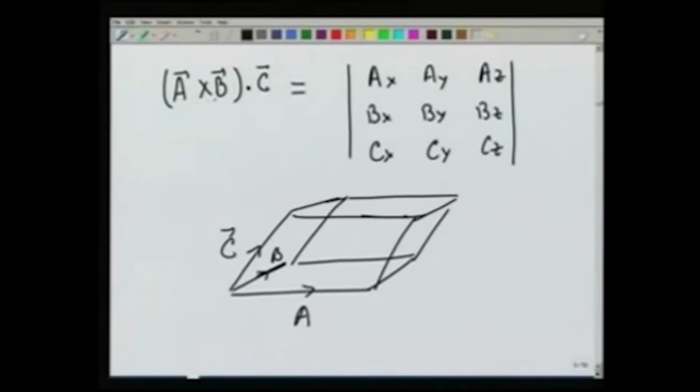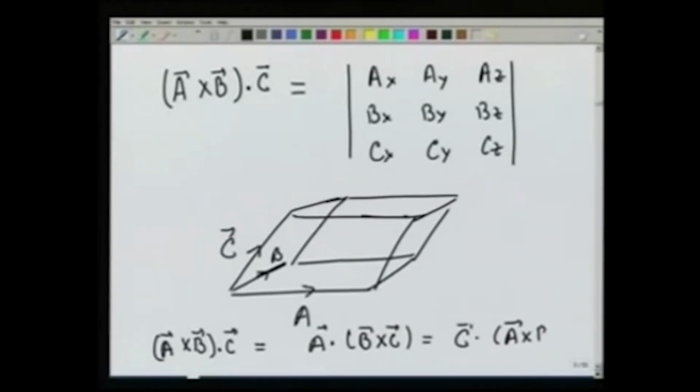Since I can write A cross B dot C in this determinant form, this also shows, since the determinant does not change if I change its rows twice, that this is also equal to A dot B cross C. This is also equal to C dot A cross B, which is same as this, and there is one more term, this is also equal to B dot C cross A. All these are equal.